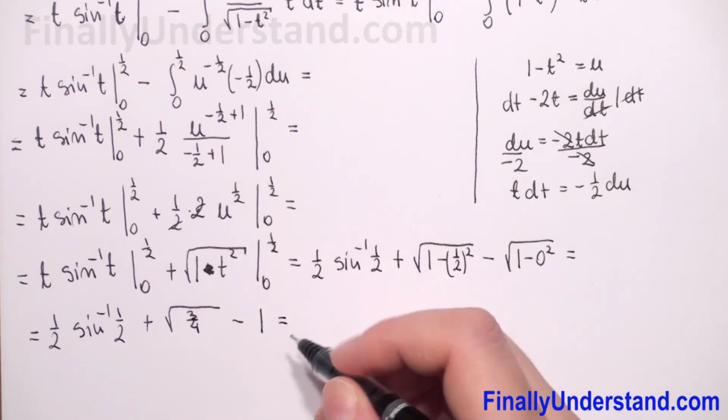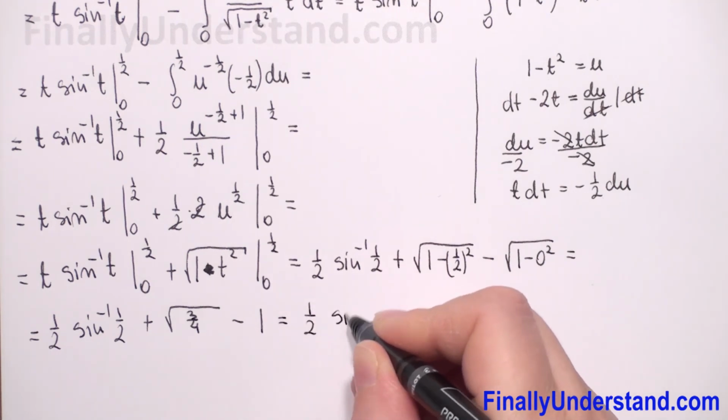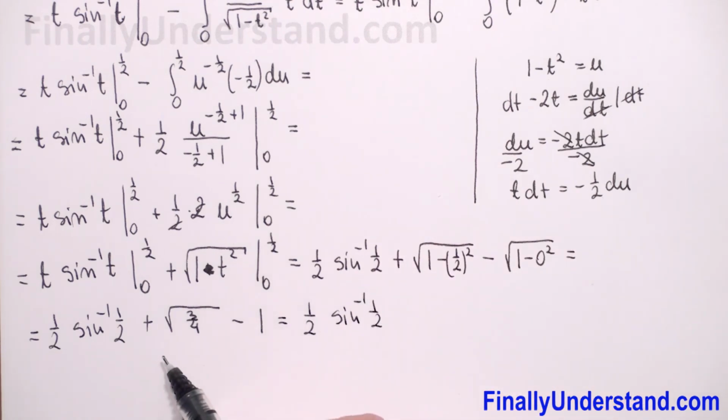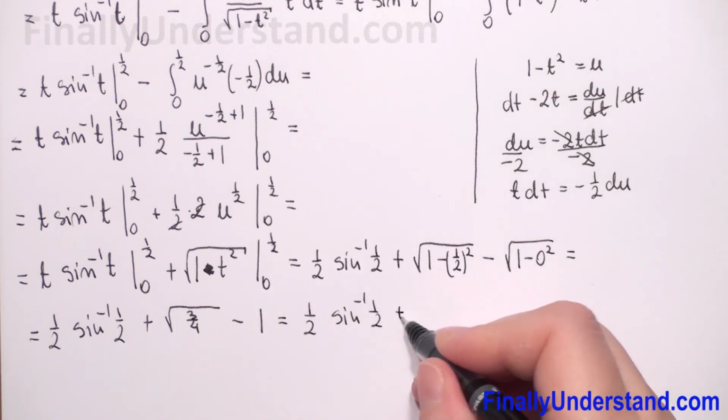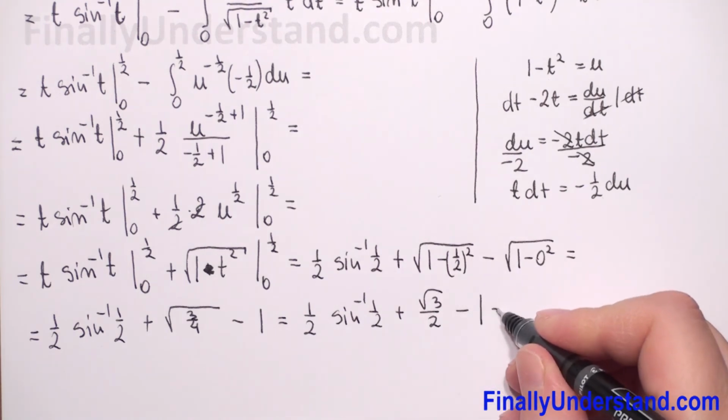So this is equal to 1/2 inverse sine of 1/2, and we have the square root of 3 over 4, so it will be plus square root of 3 over 2 minus 1.